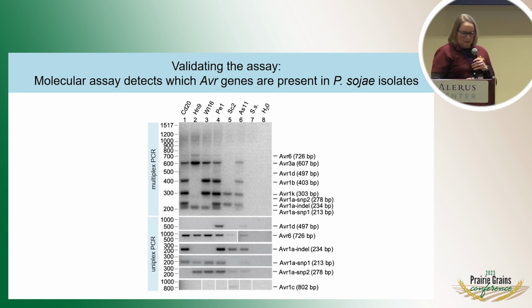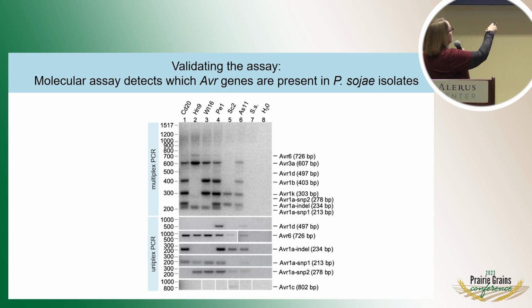So here's just some results from these molecular tests. So first things first, they wanted to make sure that it's called a multiplex PCR. They wanted to make sure that this worked. So what they did is they took multiple isolates of Phytophthora.